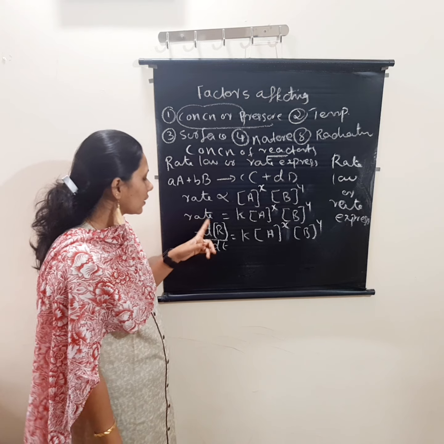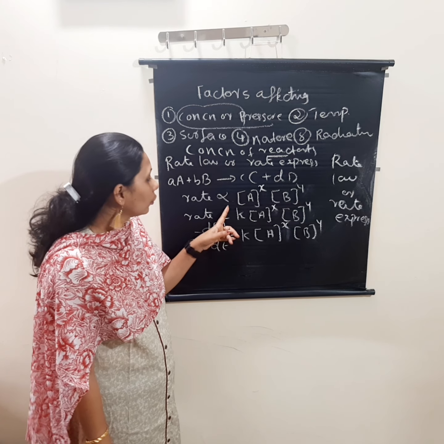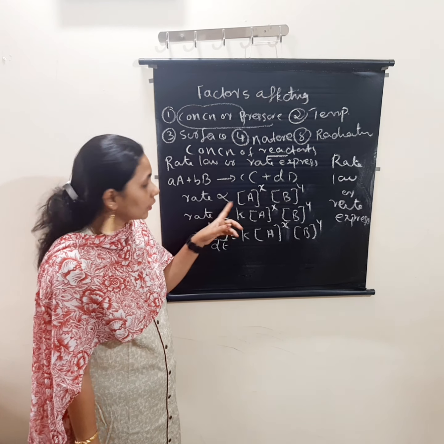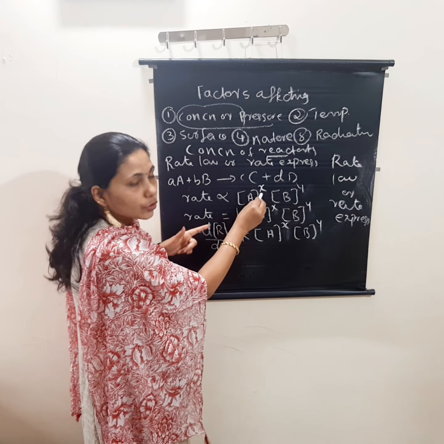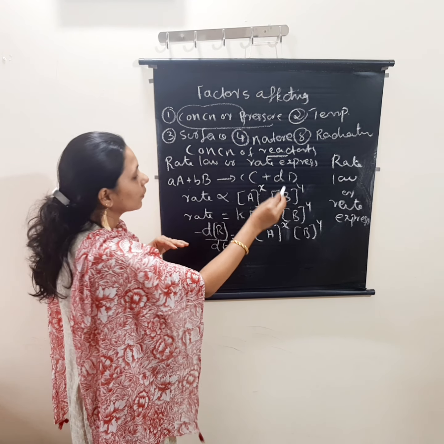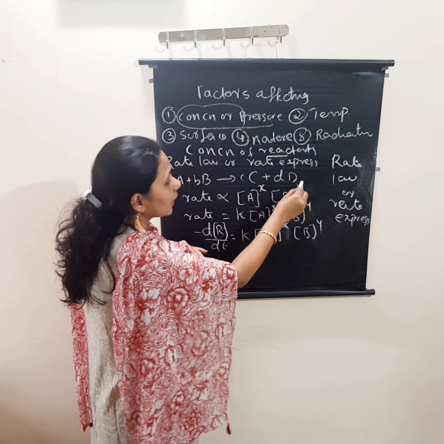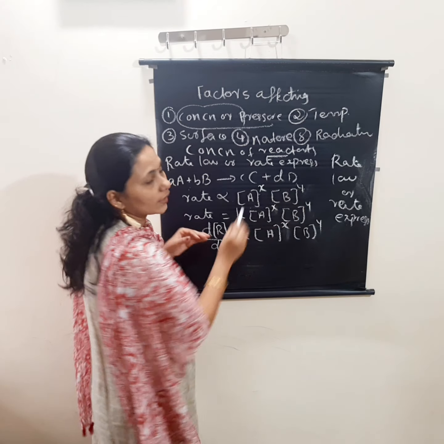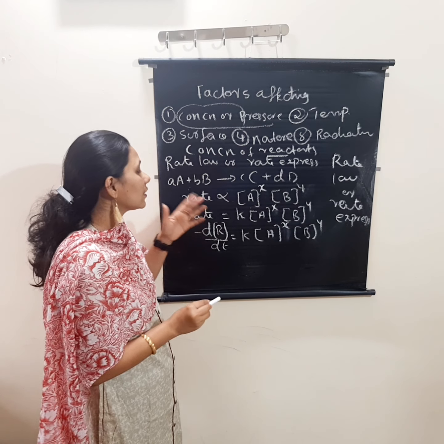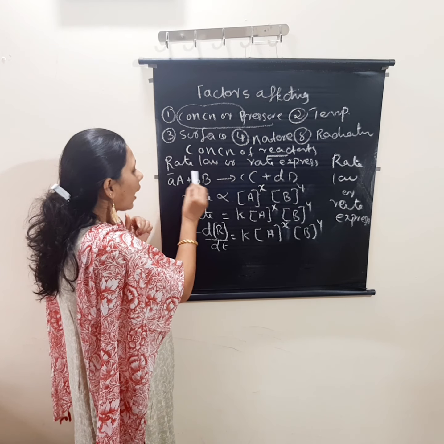So how can we write it? Rate is proportional to concentration of A, the first reactant, raised to some exponent x, into concentration of B raised to some exponent y. Okay, so this x and y are the exponents, and these are not equal to a and b.